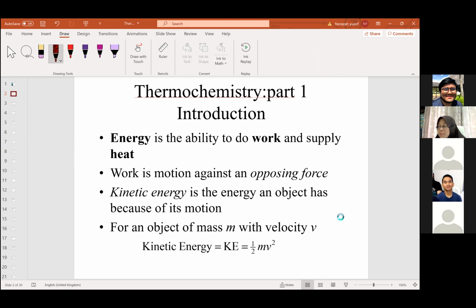The change in energy is equal to work and heat.